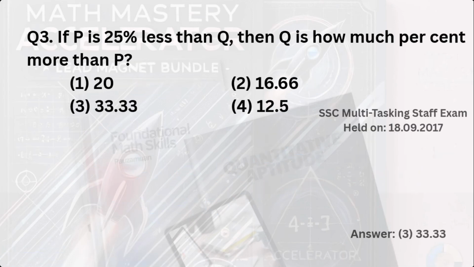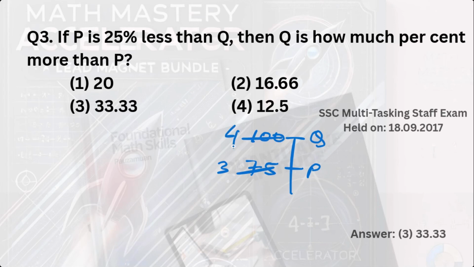Question number 3. If P is 25% less than Q, then Q is how much percent more than P? How to write 25% less? The base is 100. 100 minus 25, that is 75. 75 is 25% less than 100. P is 25% less than Q. Cancel with 25. 25 into 3 is 75. 25 into 4 is 100.